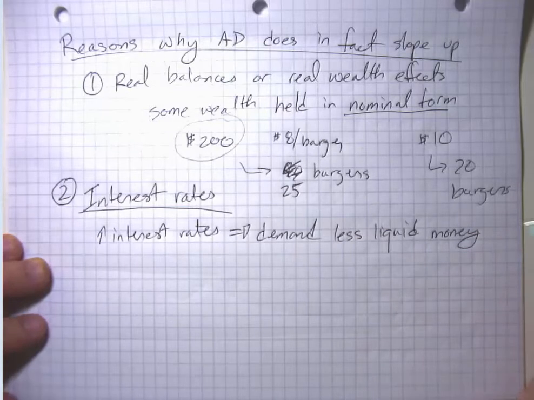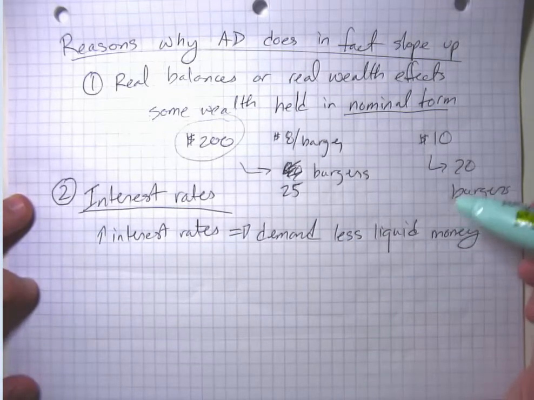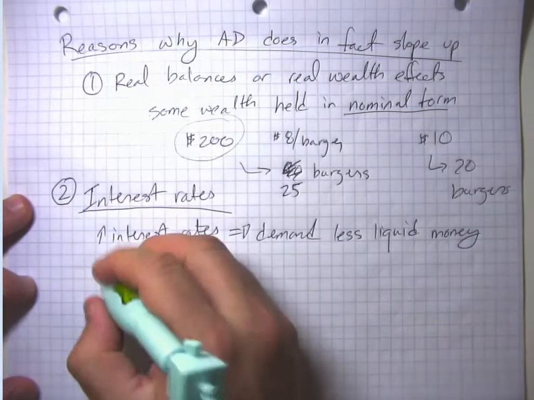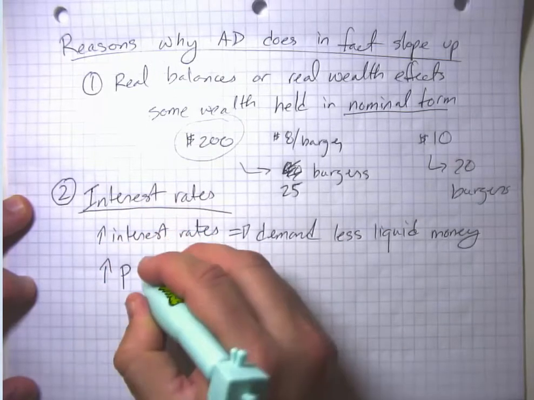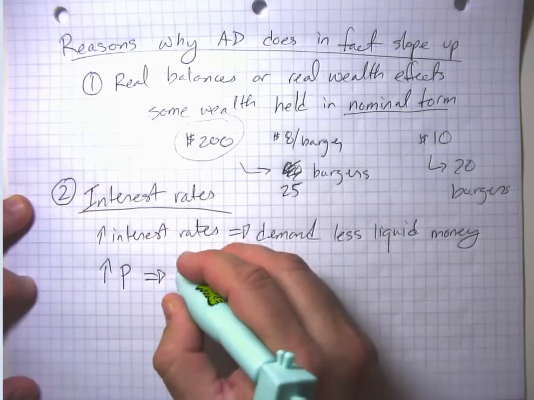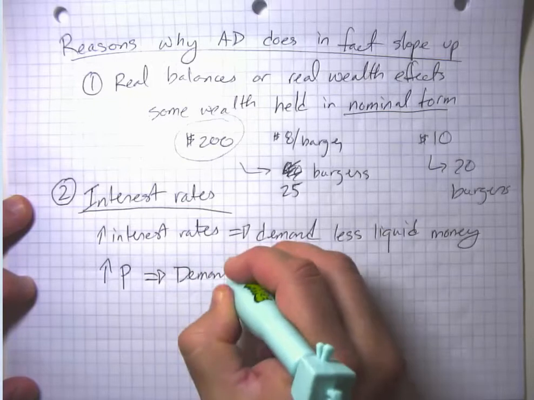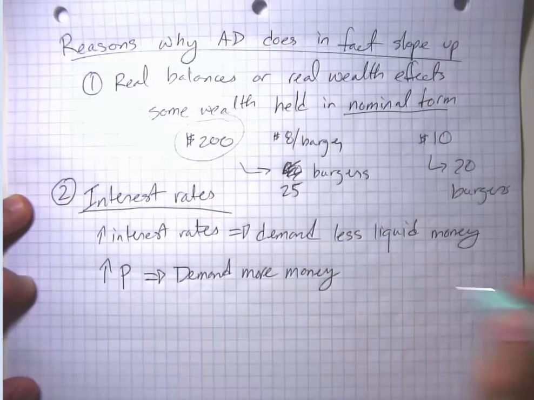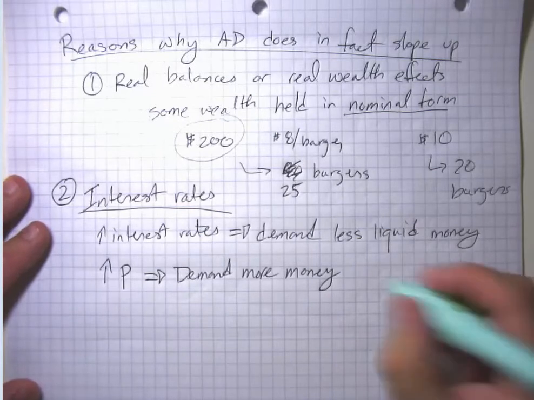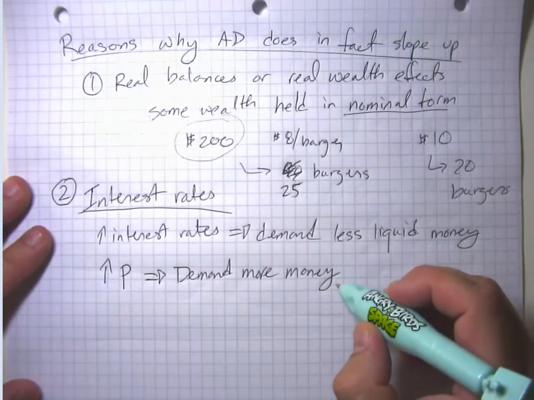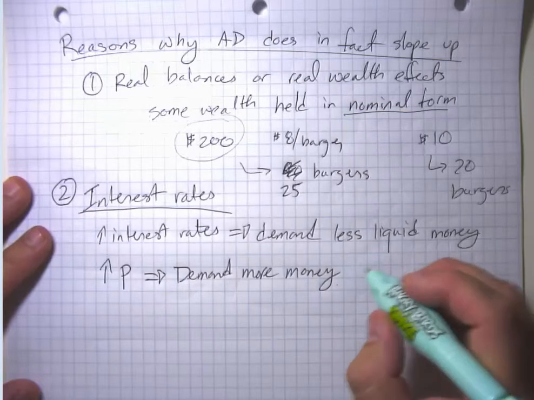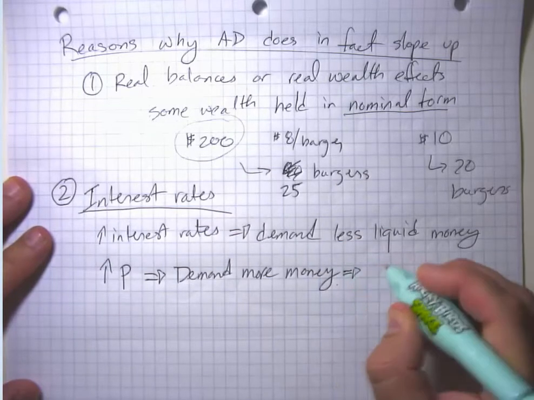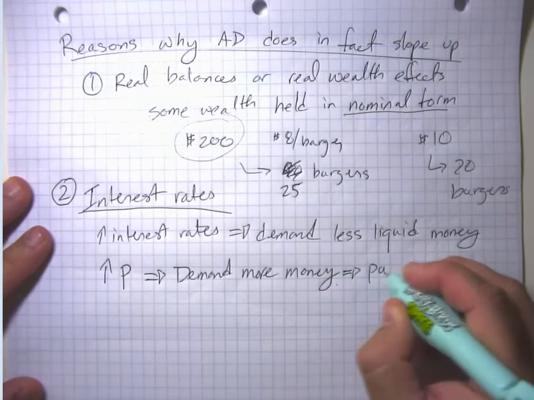It's also true, though, that if people face a higher price level, then they demand more money because they need more liquid money to get through all of their transactions. When they demand more liquid money, that means they want to pull money out of their savings and into their checking accounts.